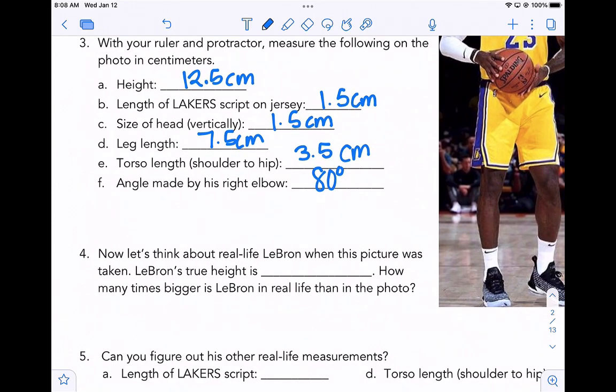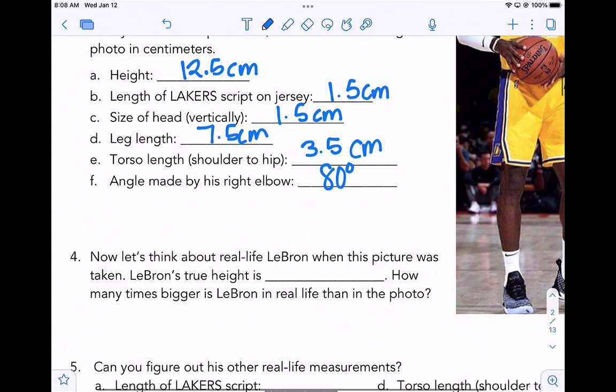Now let's think about real life LeBron when this picture was taken. His true height is 6 feet 9 inches. And if we convert that to meters, it's 2.03 meters, and that would be 203 centimeters.